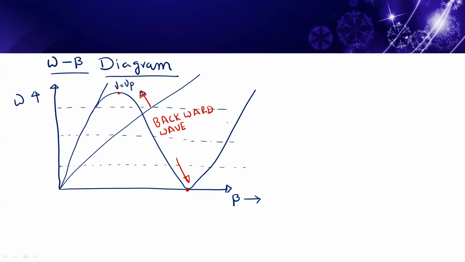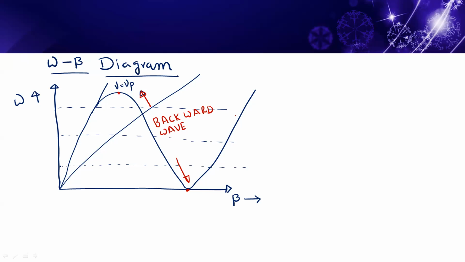In this picture, I am representing the relation between beta versus omega. Take a snapshot of the omega beta diagram for the backward wave oscillator, very popular for our part A questions. In this figure, the interaction between the RF wave and the electron beam is different in the backward wave oscillator.